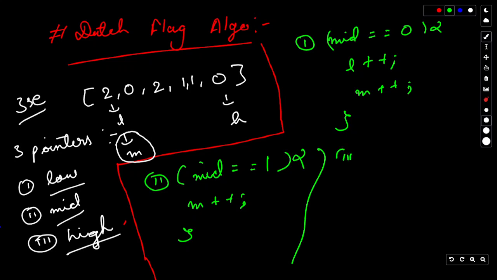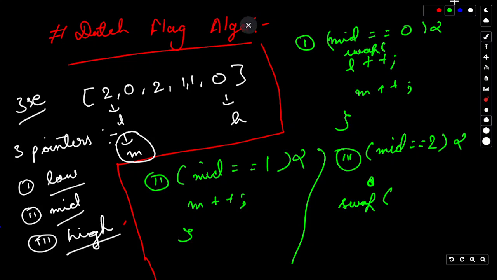Now the third and last condition: if mid is exactly equal to 2, we'll be swapping. We'll also use a swap function here, where for the first condition we swap mid and low.